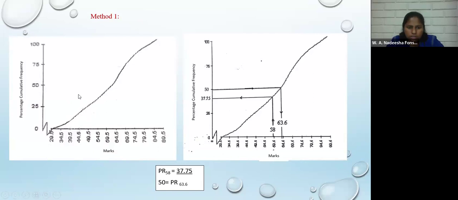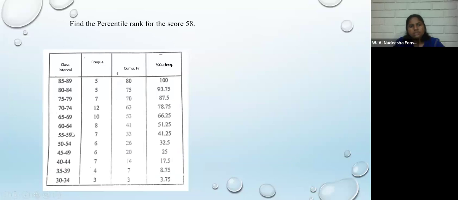So you have to draw this graph on graph paper. Then it's easy to obtain data. You are asked to find the percentile rank of 58. Using this table, we identified that 58 should be here.